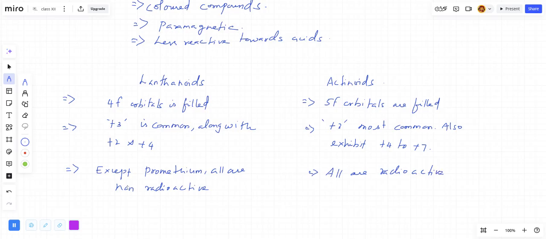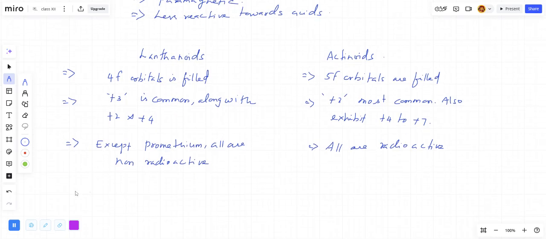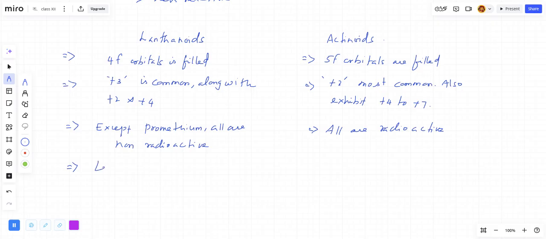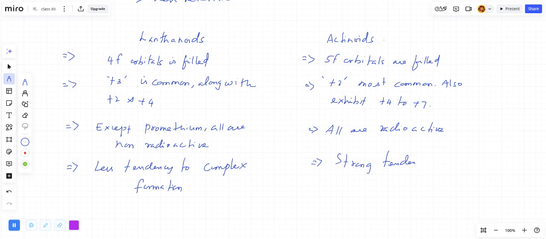The next property: lanthanoids have less tendency towards complex formation, but actinoids have a strong tendency to complex formation.